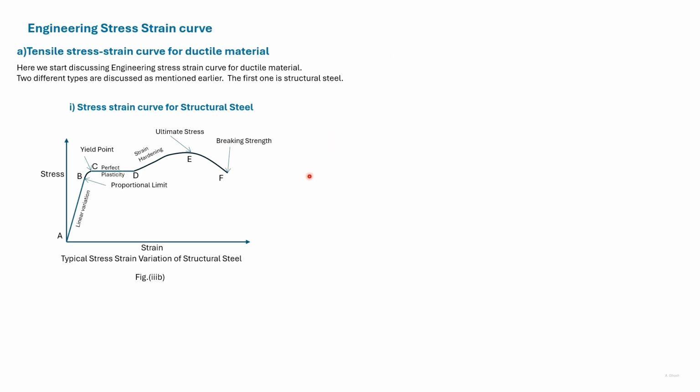This region is called the plastic region, and after removal of load, some plastic strain will stay in the material. Between C and D, there's an increase in strain with little increase in stress. The behavior is called perfectly plastic.